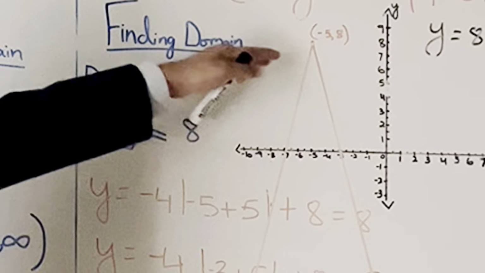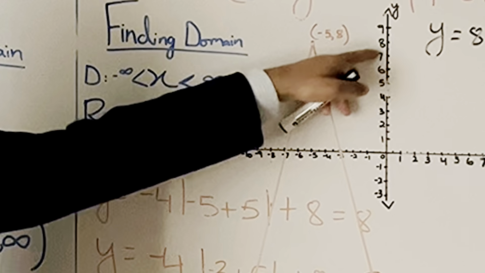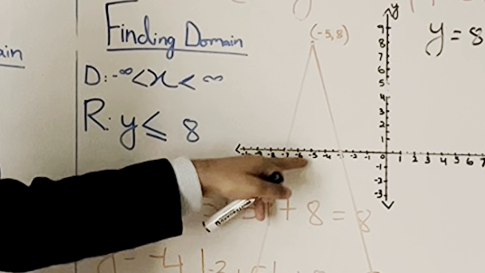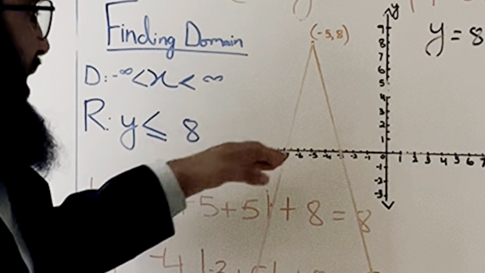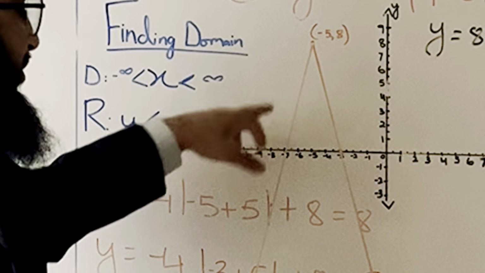So you can see that the maximum of this function is 8, the y value is 8, at the x value of negative 5, as we already discussed. But any other value will give you a y value less than 8.